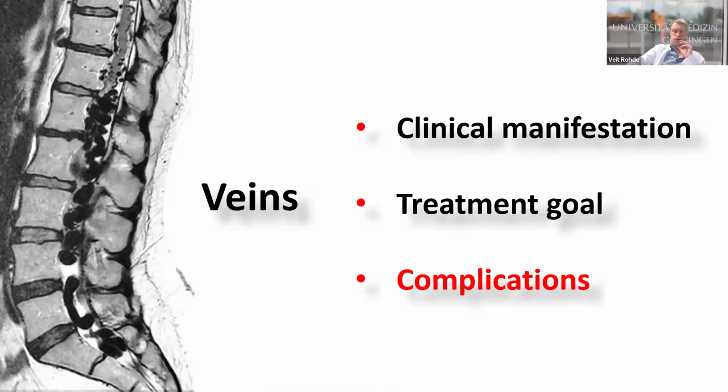But at the end, I want to say the veins are the main cause of clinical manifestation. The goal of treatment is to occlude the vein. And now I'm coming to the complication we had due to the vein.